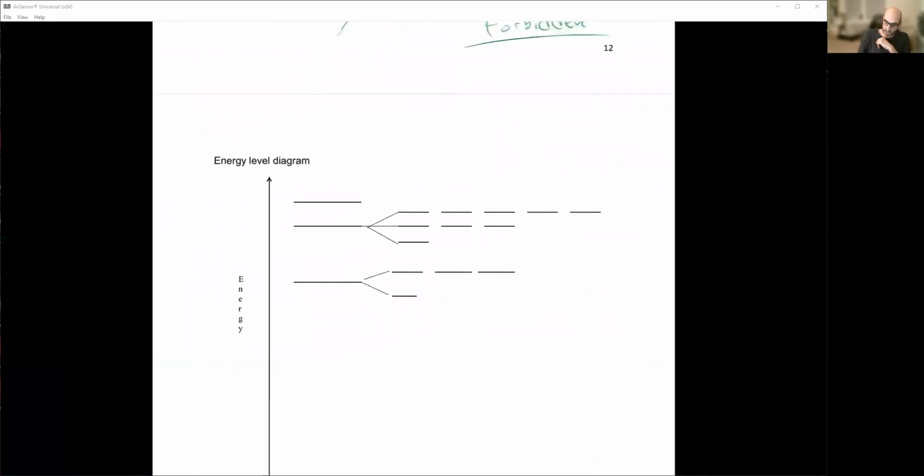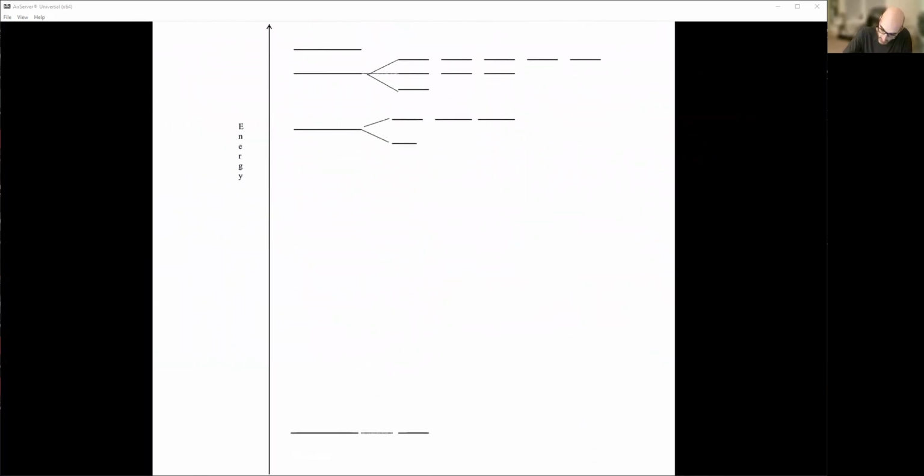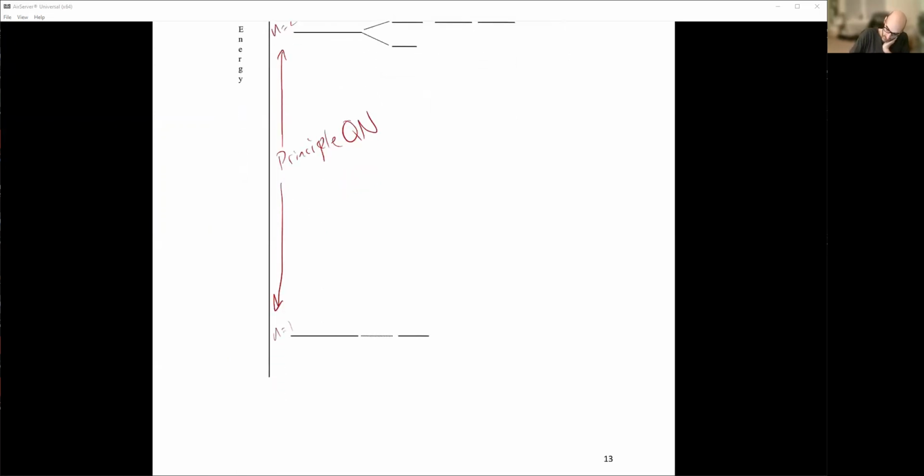So if we take a look at an energy level diagram, initially we had the principal quantum number, right? So this is n equals 1. This is n equals 2, n equals 3, n equals 4. So again, these right here are the principal quantum number. Notice that they divide up, of course, too. So if n is equal to 1, that limits my L values.